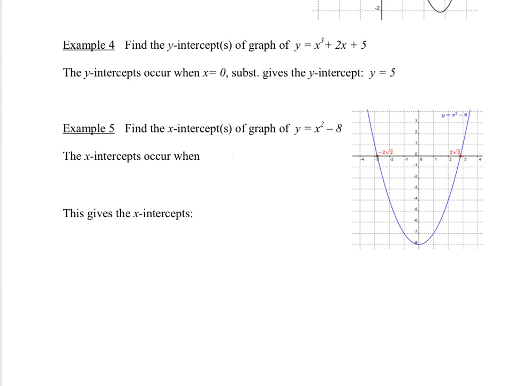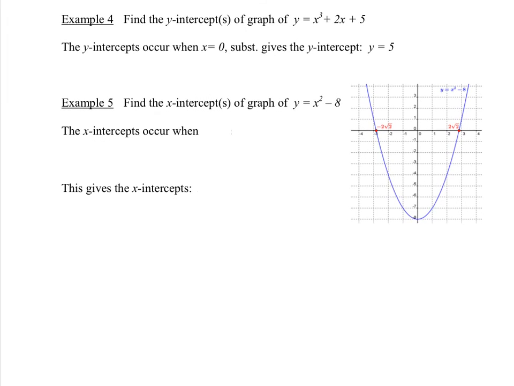In this next example, example 5, if we want to find the x-intercept, we need to put y equal to 0. Right, so this y here has to be replaced with 0. So, if we do that, we put y equal to 0, and what happens is we get this equation.